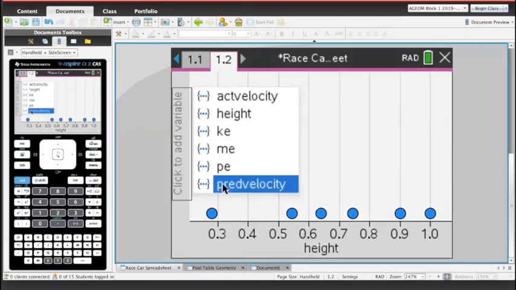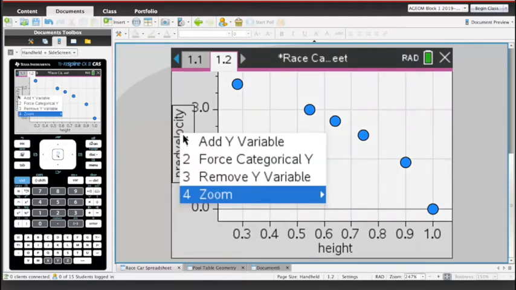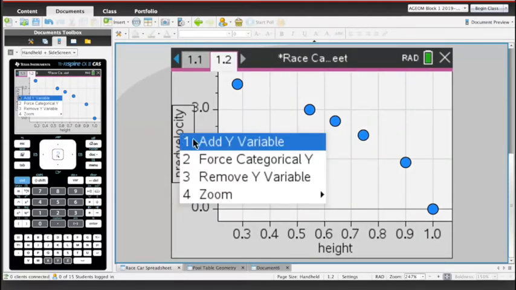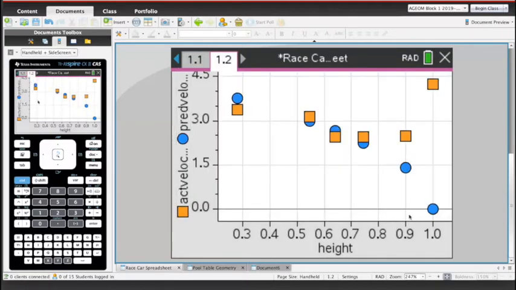So we have the predicted velocity, but I really want to see how predicted velocity stacks up against the actual velocity. So I'm going to add another y variable so I can take my actual velocity and definitely see something crazy happening at the end here.